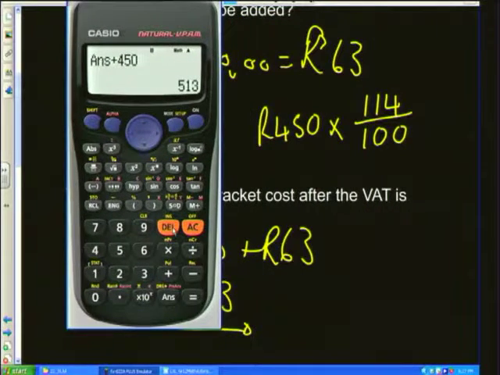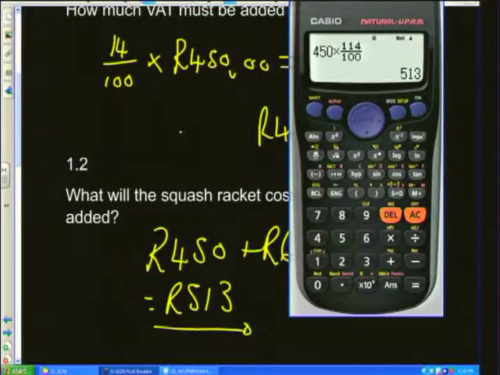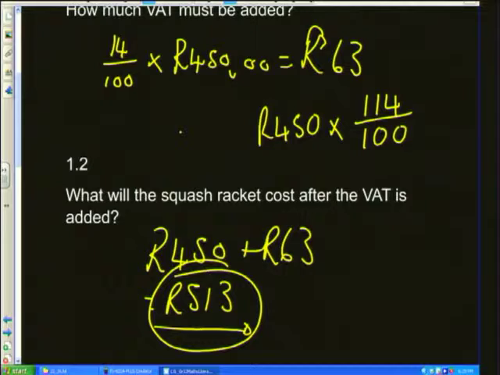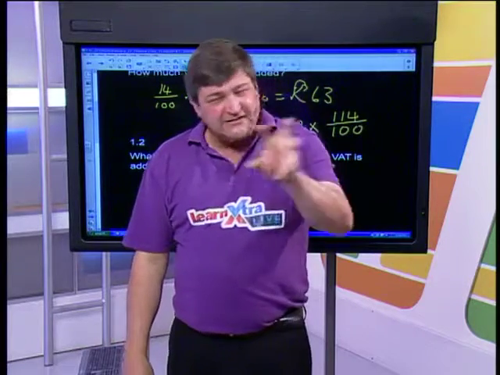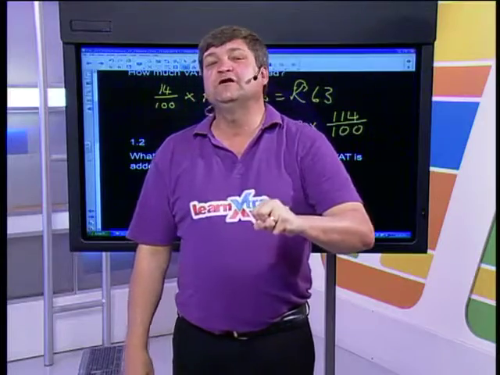We've got 450 Rand, and we're going to multiply it by 114 over 100. Now watch what happens. I get an answer of 513 Rand, which was the amount including the VAT. That magic little fraction, 114 over 100.